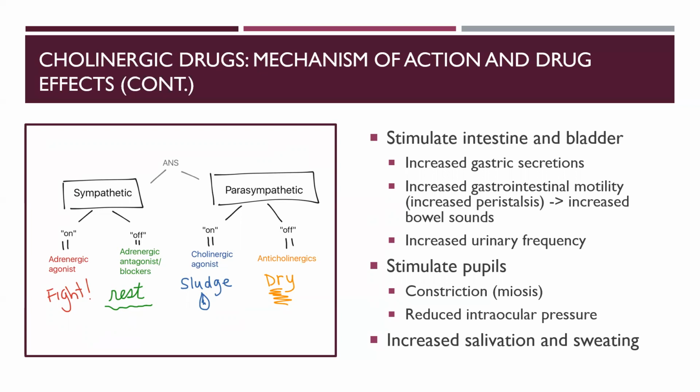And peristalsis is just the movement of food through the GI system. Because whenever you're listening to bowel sounds, you're just listening to, I guess, the food moving through your intestines. And increased urinary frequency. It can stimulate pupils, so constriction or reduced intraocular pressure, and increased salivation and sweating.